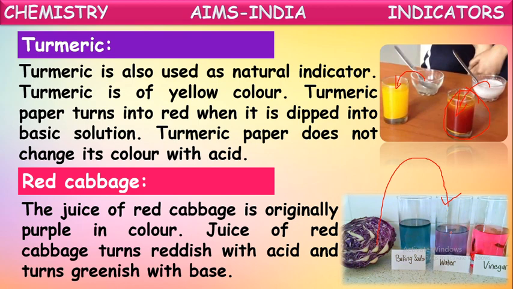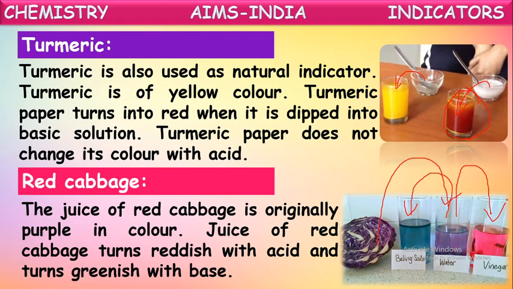This red cabbage juice, if it is added to a base, gives a greenish colored solution. If you take the same red cabbage solution to an acid, it turns into a reddish colored solution. In this way, red cabbage shows different colors with acids and bases, and hence those substances can be detected or identified.